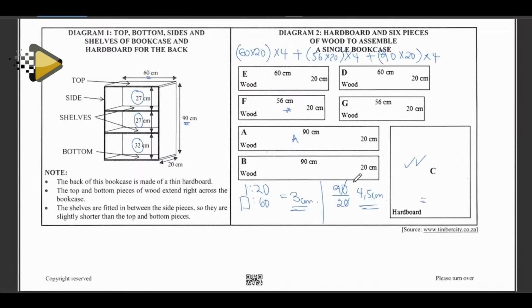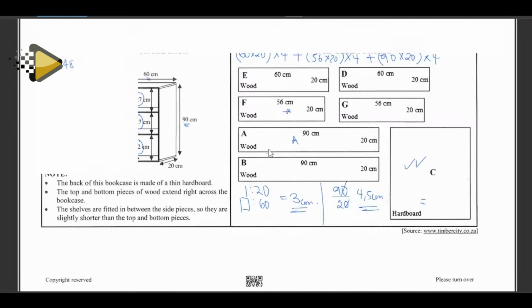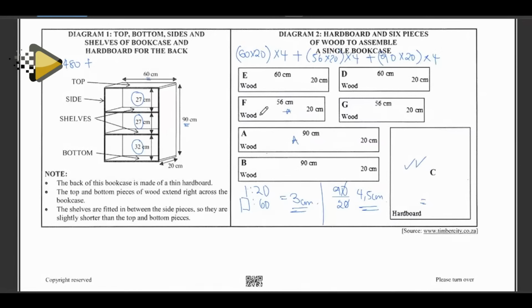So we find out that we have answers like 120, which becomes what? Sorry. So 120 times 40, you get 480 plus 56 times 20 times 4.